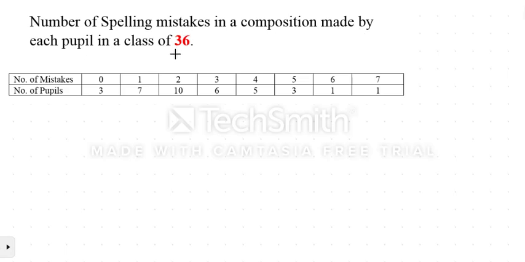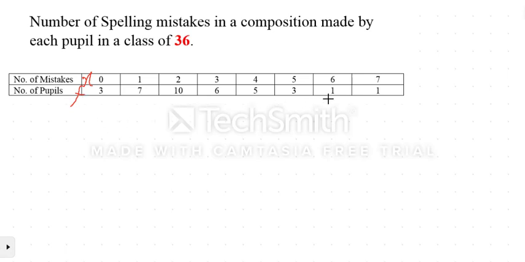So there are a total of 36 students or pupils. We have to find which one is the middle of this whole data. To start, let me call this number of mistakes X, and this one is F, frequency.